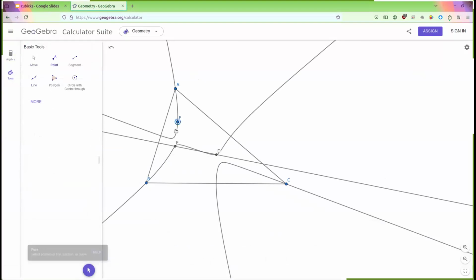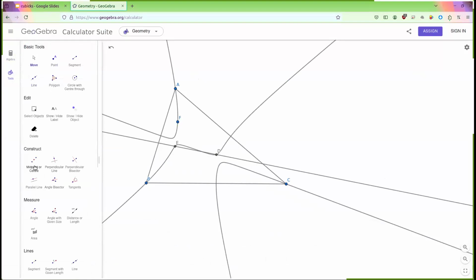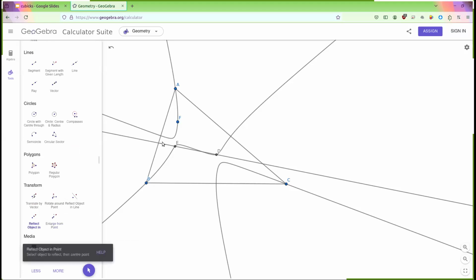So let's pick a point P on this cubic. And I claim that, let's reflect.